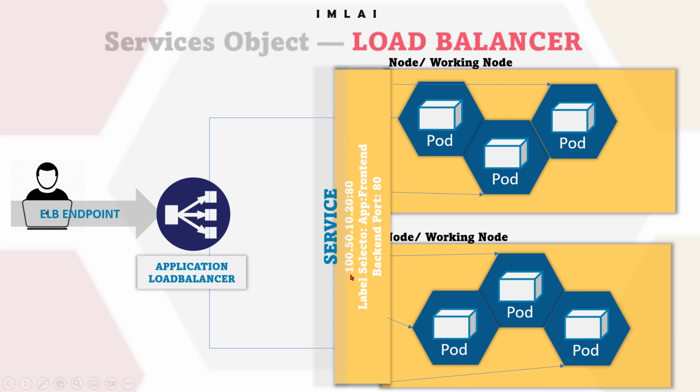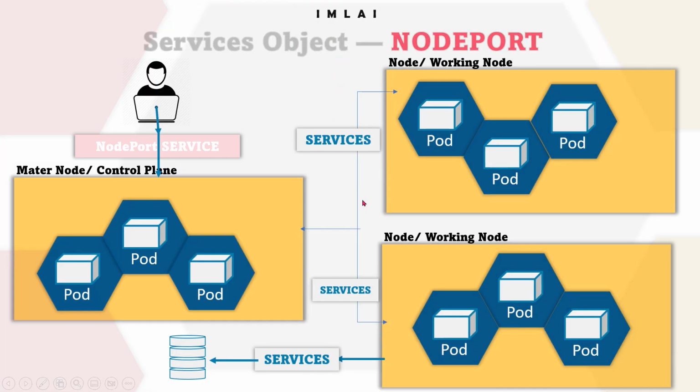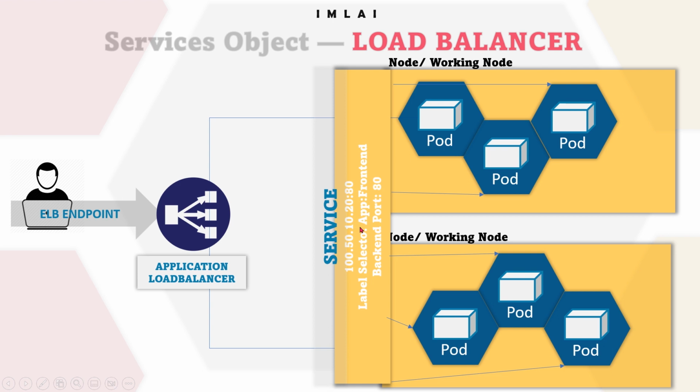and then the label selector will select the pods, and then app front end, back end port. Similarly the rest all works the same way, and then all will be mapped. With this service, all will be mapped with the service, not through the port. Again I'm saying, it is not through the port. It will be through the IP and that service itself. Here, the service we will take is the load balancer service from AWS, because now we are doing it in AWS.